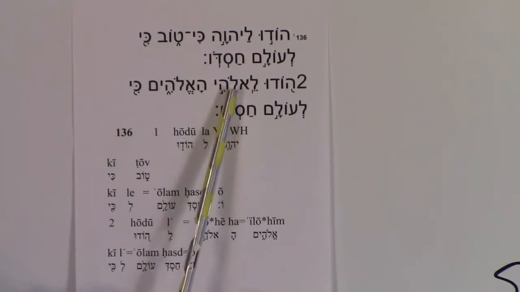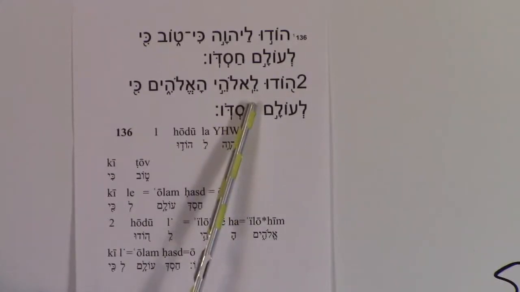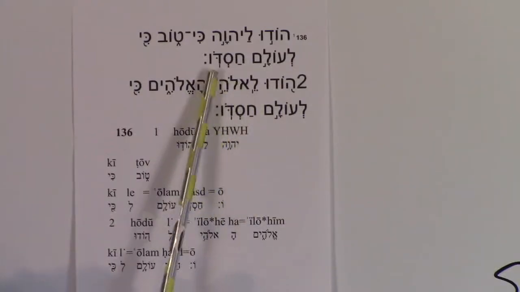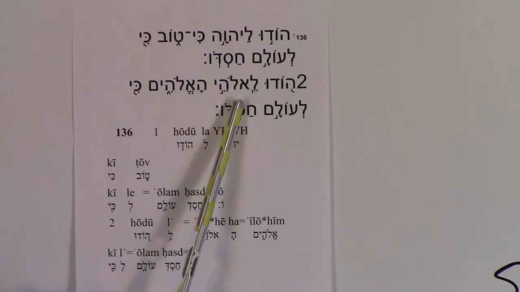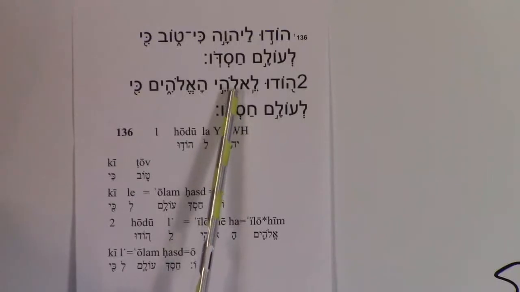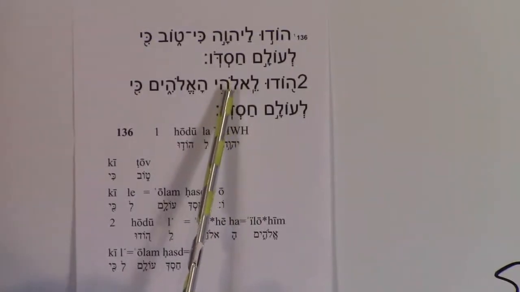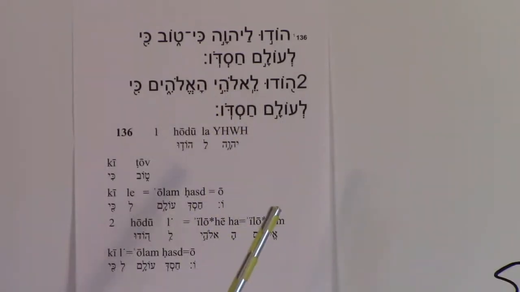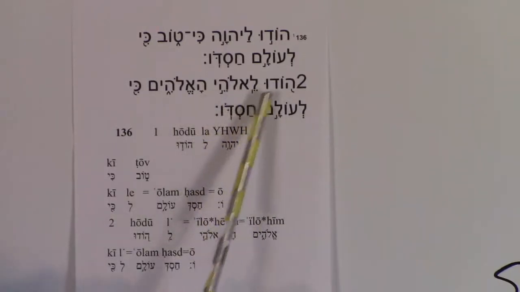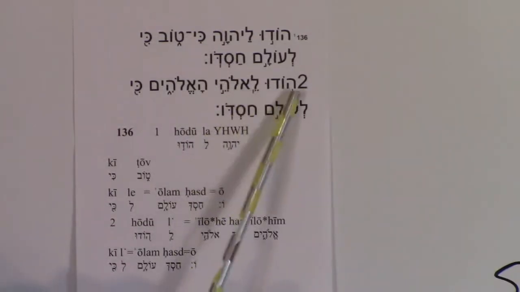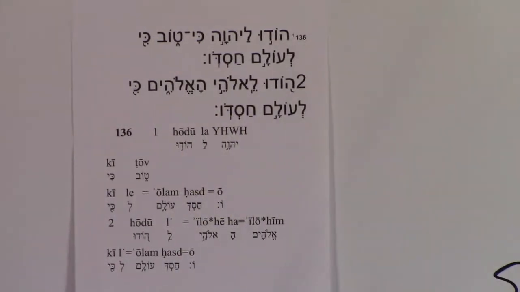Right, there's the lamed. Because the second lamed there has the O sound with it, so lo, elo. So you say le-elo. See, the la is going over here with the Hodu, and so you're hearing it different. That's what's going on.